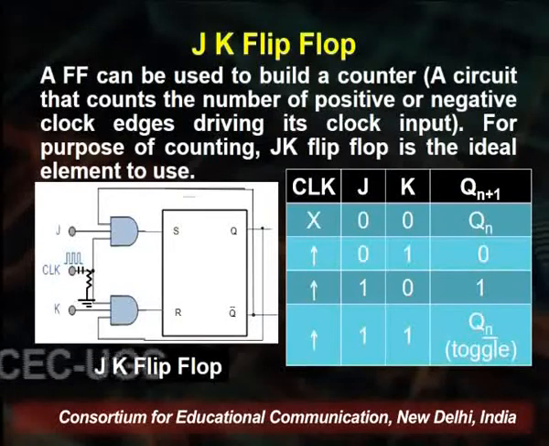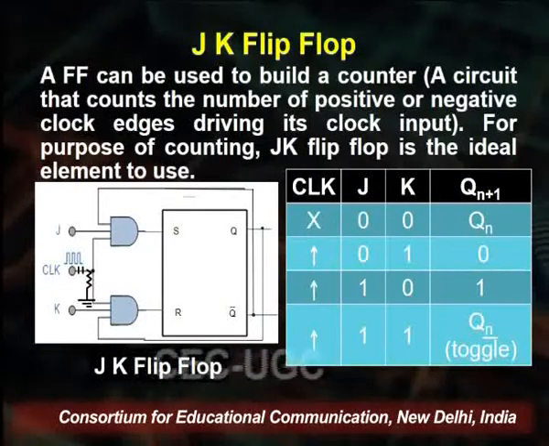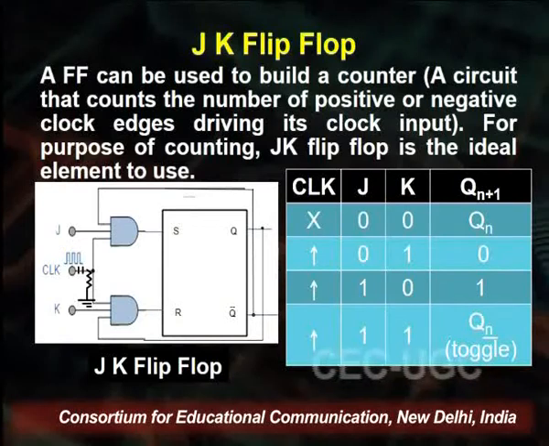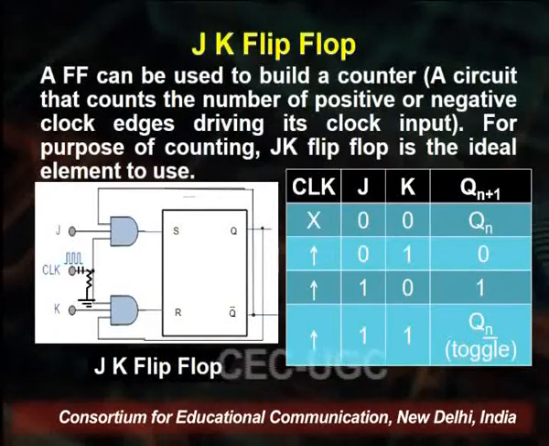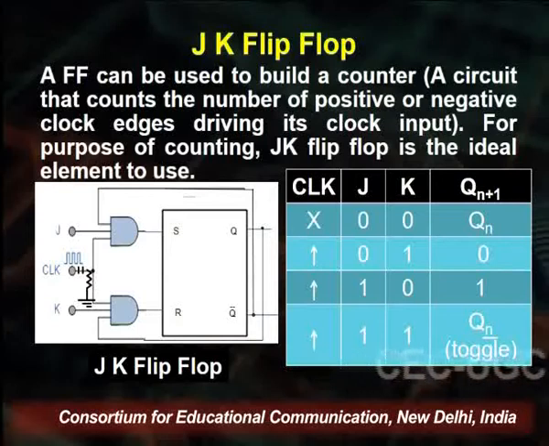When clock edge is high, J equal to 0, K equal to 1, then the next state will be 0. Clock edge high, J equal to 1, K equal to 0, the output is set at 1.